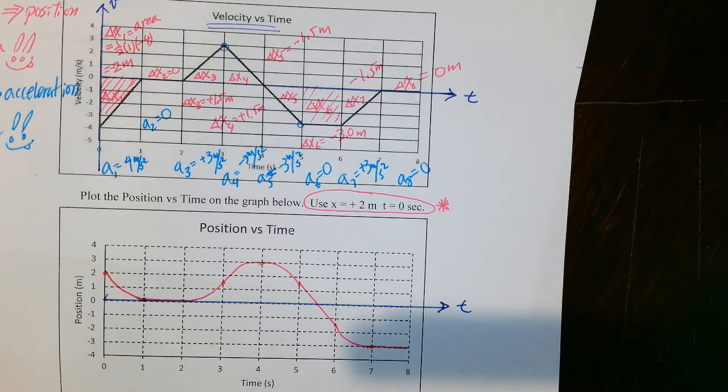Speeding up? Jack? Wouldn't it be slowing down because it's going towards the 0? Absolutely. It is actually slowing down. It is slowing down because the slope from 6 to 7 seconds, even though it's positive slope, it's going in the negative direction. So it is definitely slowing down going in the negative direction. So make sure you see that. Okay? That's very important.